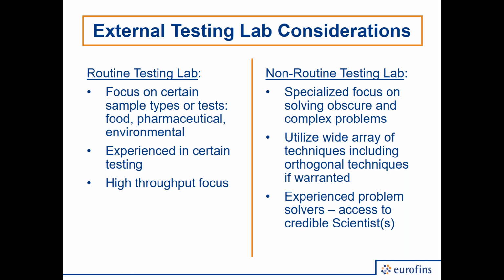So routine testing labs, they're going to focus on certain types of testing: food, pharmaceutical, environmental. Maybe they do microbiology testing, maybe physical testing, maybe chemical testing, things of that nature. They tend to be experienced in certain testing, certain markets. They tend to have a high throughput focus, so volume and fast turnaround time is key.